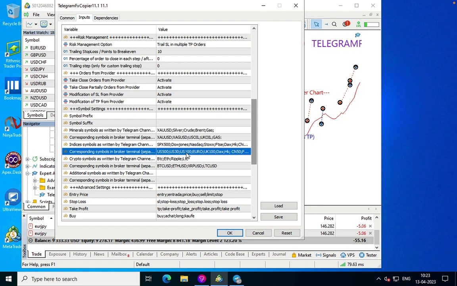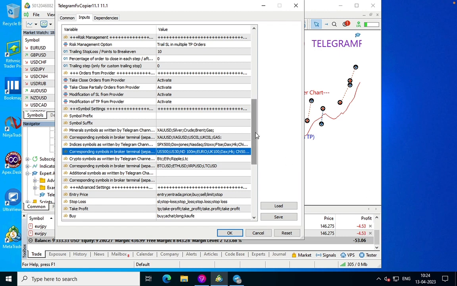It won't pick up the trade. Okay, so you need to make sure that you have the right term, ND100M, in that field. Okay, that way the broker knows what you're talking about. All right.